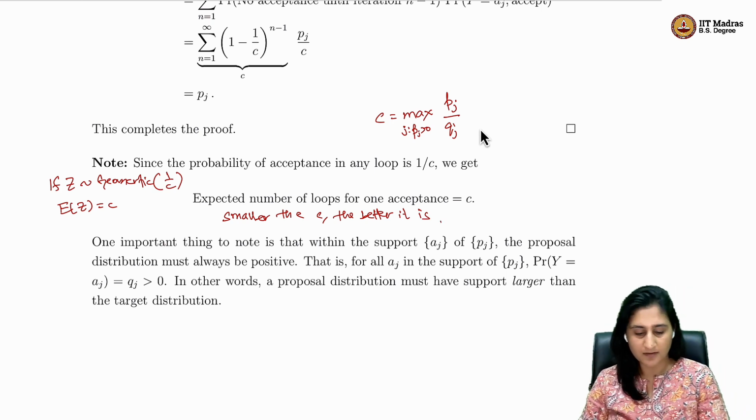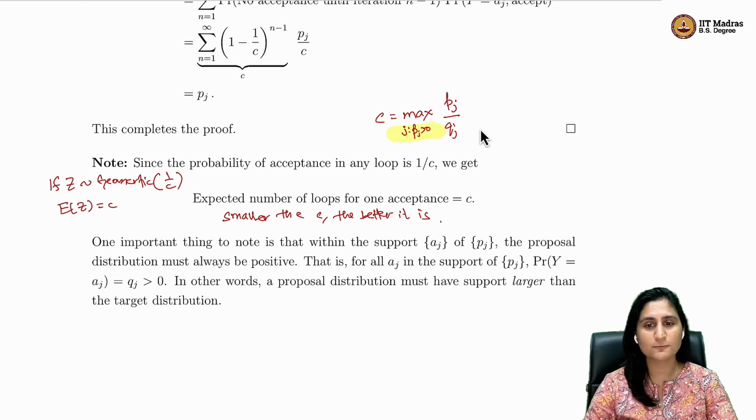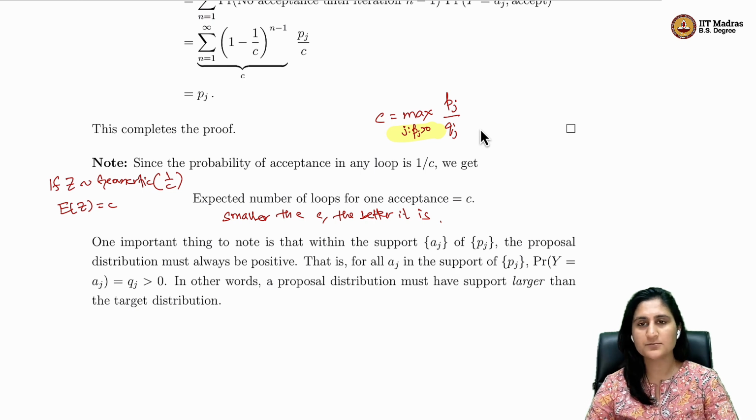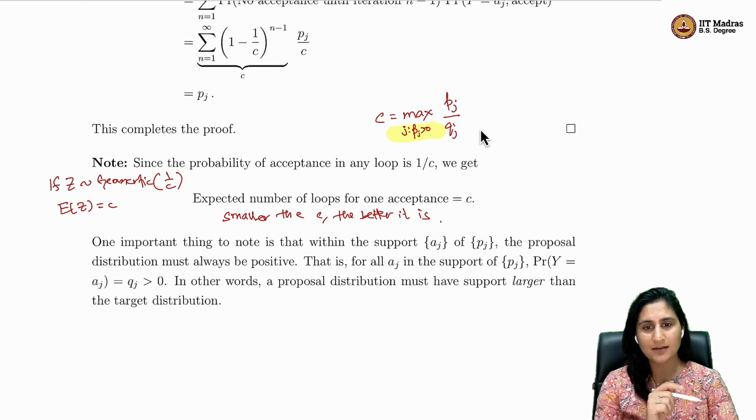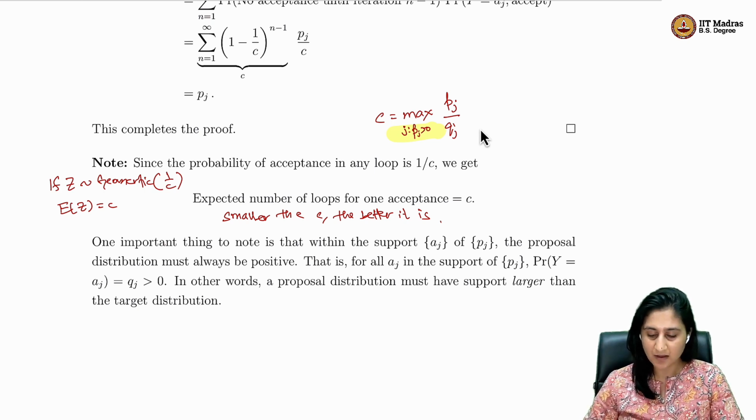Another important thing is, recall when I write this, j such that Pj is greater than 0, I'm inherently also considering the following structure, and that is to note the support of aj, which is all the states that take positive mass under my target distribution.